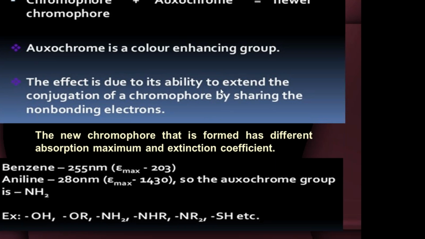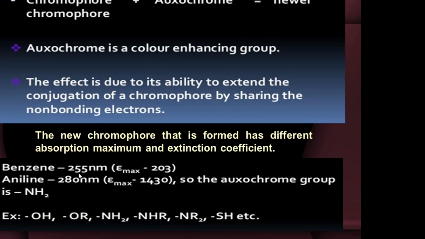Why is it a color enhancing group? The effect is due to its ability to extend the conjugation of a chromophore by sharing its non-bonding electrons. The new chromophore that is formed has a different absorption maximum and extinction coefficient. Now say for example benzene.